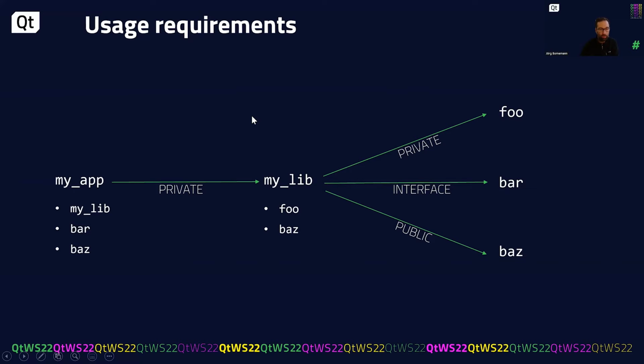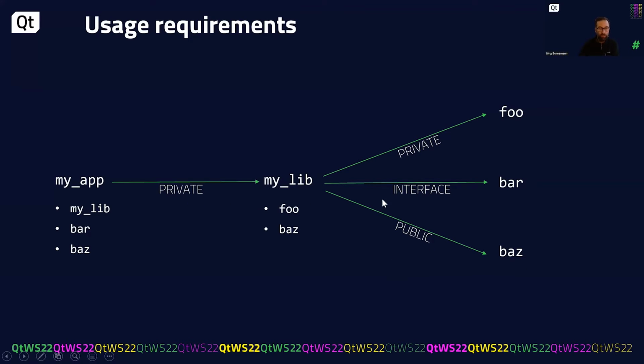And on the linker command line of myapp, there occurs mylib because we directly link mylib privately. Bar appears because of this INTERFACE keyword, and baz appears because of this PUBLIC keyword.